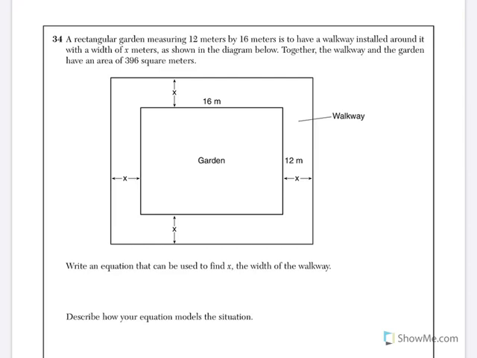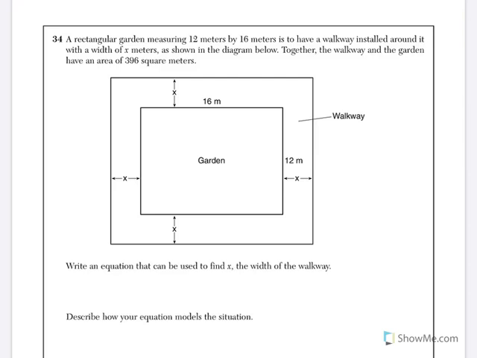It starts off by saying, a rectangular garden measuring 12 meters by 16 meters is to have a walkway installed around it with a width of x meters as shown in the diagram below. Together, the walkway and the garden have an area of 396 square meters.